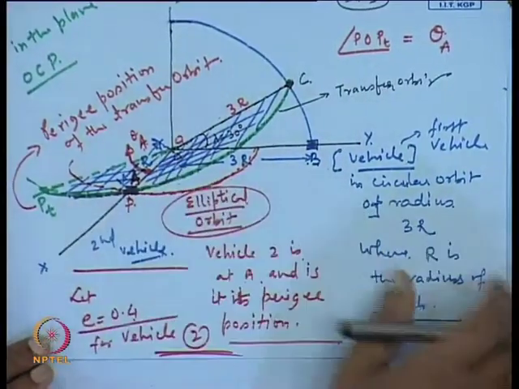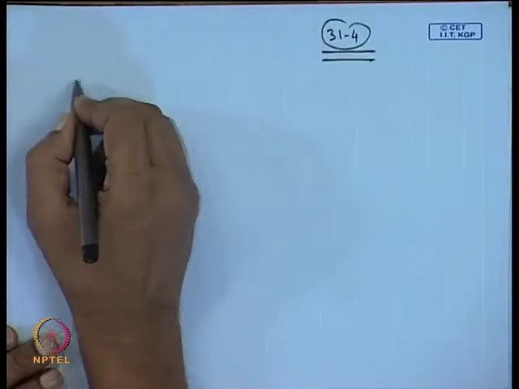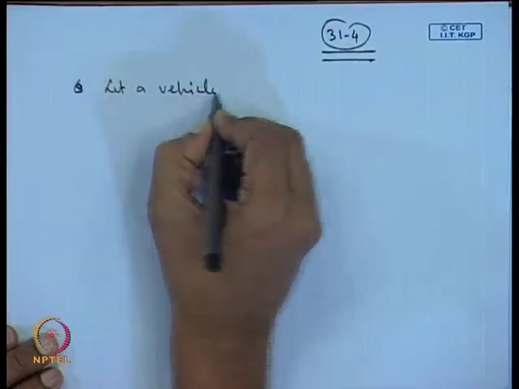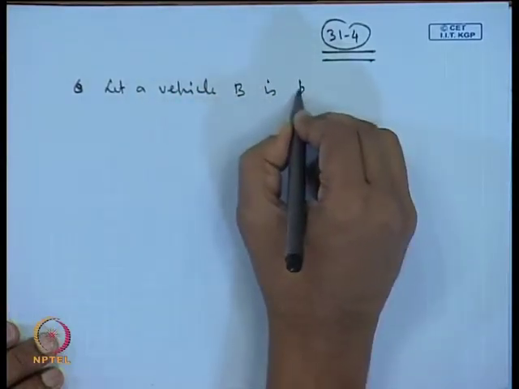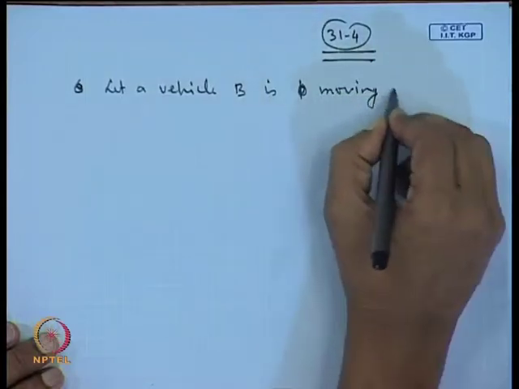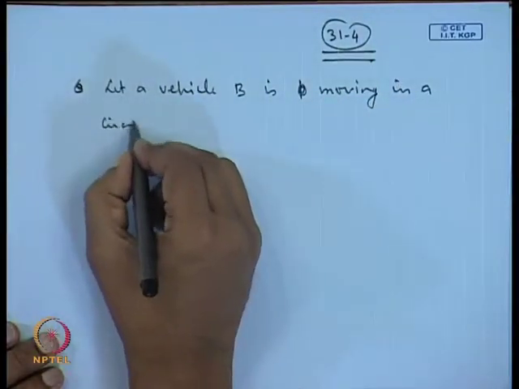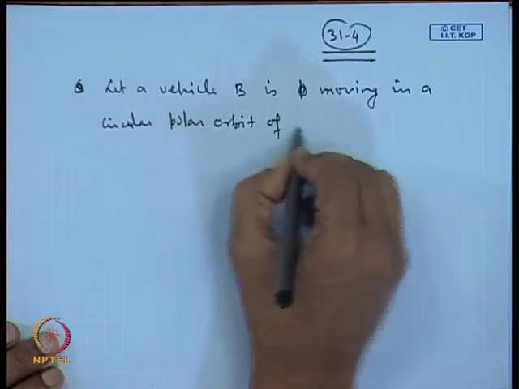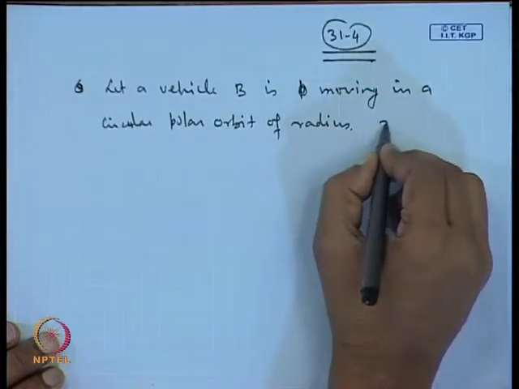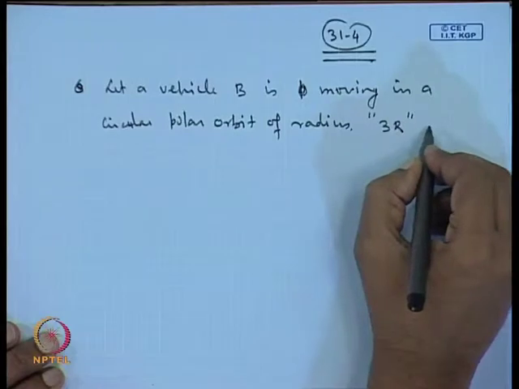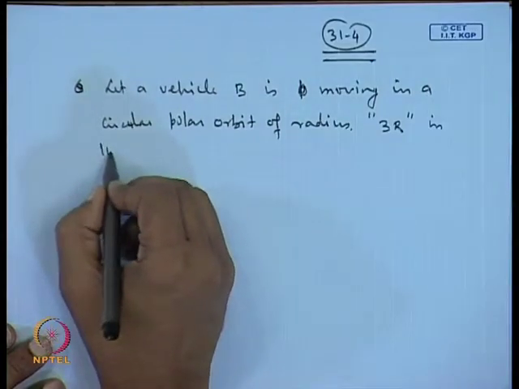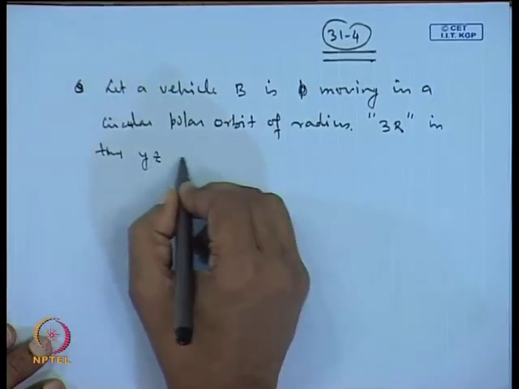So, now we have described the problem, what we need to do. Formally we can state the problem like this: let a vehicle B be moving in a circular polar orbit of radius 3r in the yz plane.